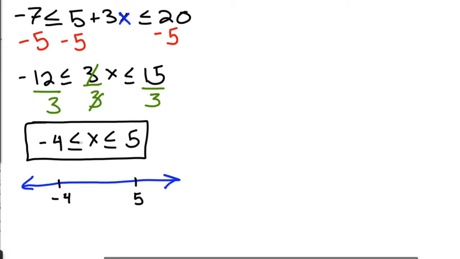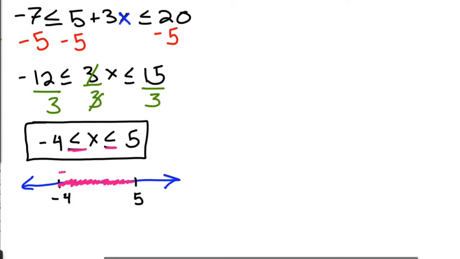So where's my solution? Well, it says that x is greater than or equal to negative 4, but less than or equal to 5. So that's describing this area right here in between. So I'm going to highlight that. And now, since I'm including both, and that's what this line means, less than or equal to, that means it's including the numbers negative 4 and 5.